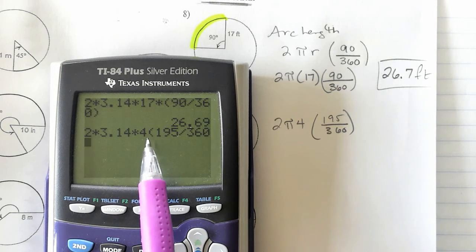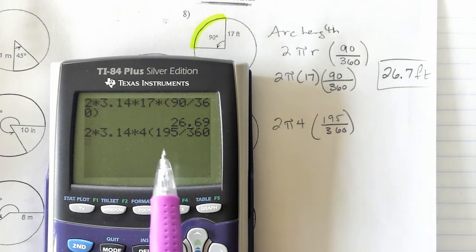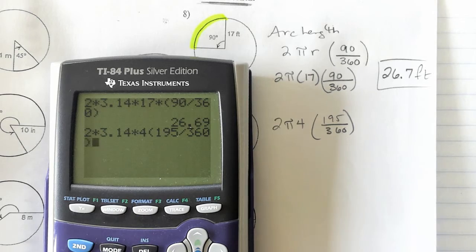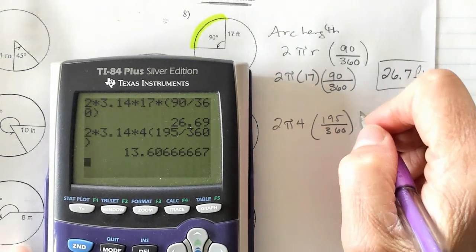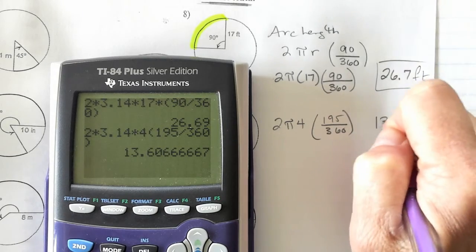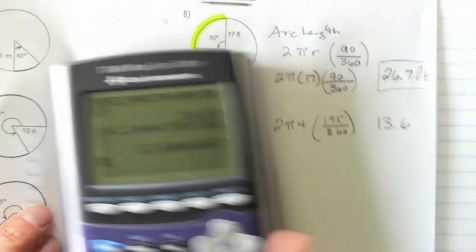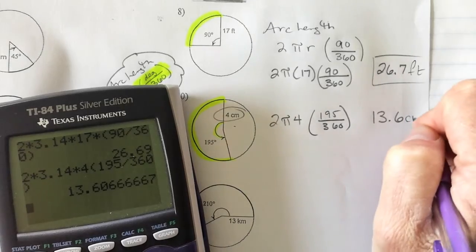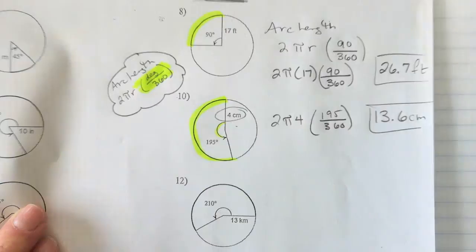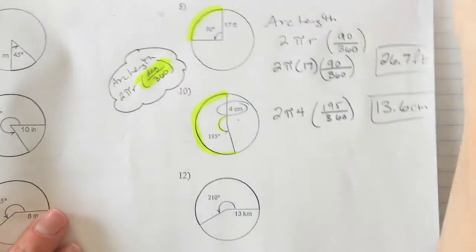Now you'll notice I didn't put the multiply dot between the 4 and the parentheses. The calculator understands order of operations and you don't really have to do it. That'll give us about 13.6-ish centimeters. That is the length of this walking edge around the arc.